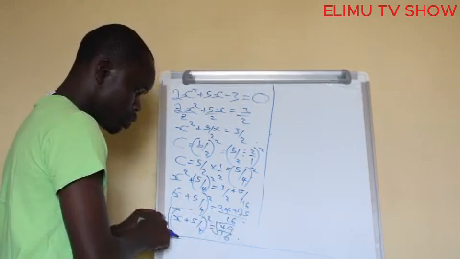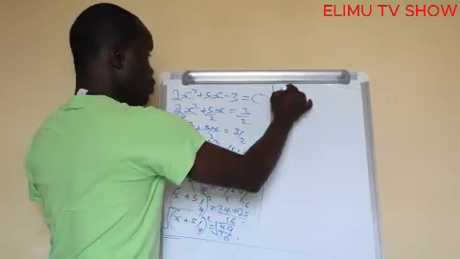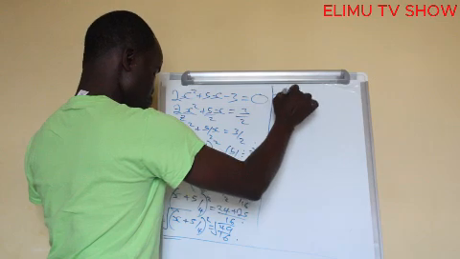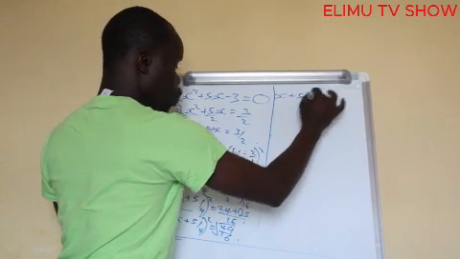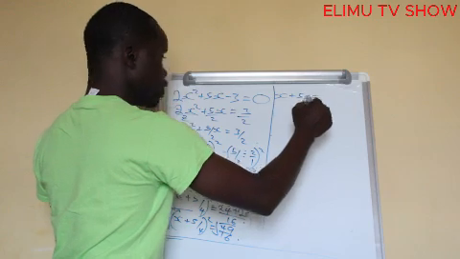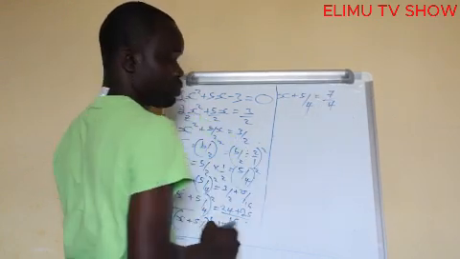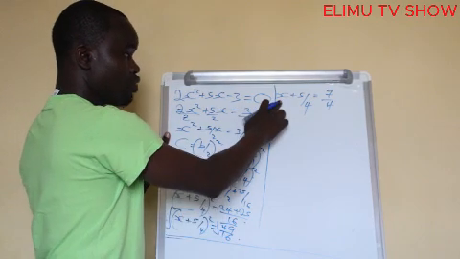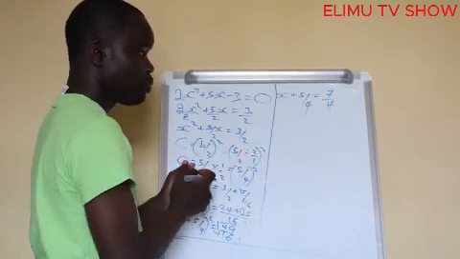So this square root will cancel the square. We are going to have x plus 5 over 4 is equal to the square root of 49, which becomes 7, and the square root of 16, which is 4. So we have x plus 5 over 4 is equal to 7 over 4.